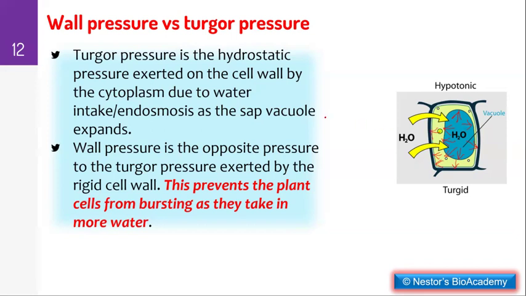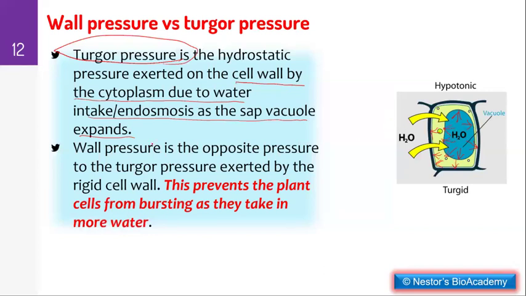This pressure exerted on the cell wall by the cytoplasm due to water intake as the vacuole expands, we refer to as the turgor pressure. So the turgor pressure is exerted by the vacuole on the cytoplasm, and against the cell wall.